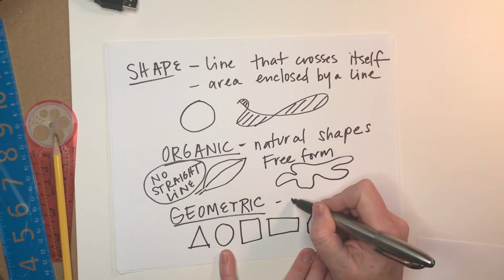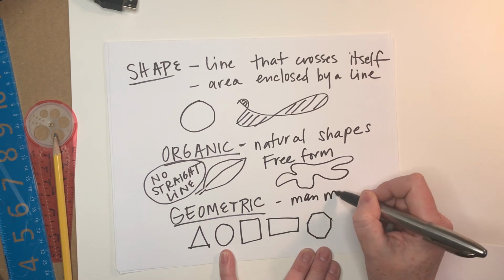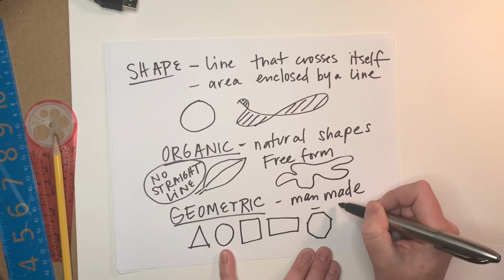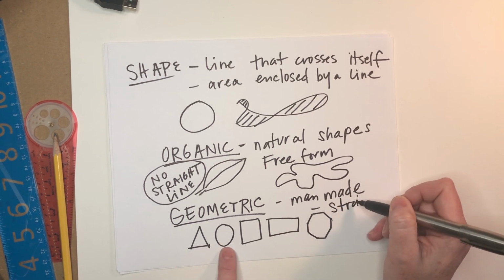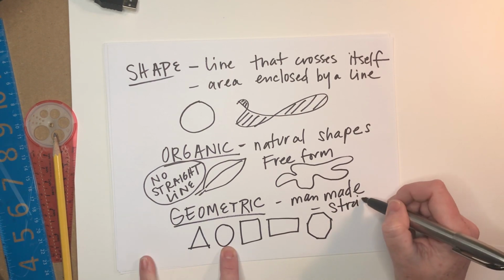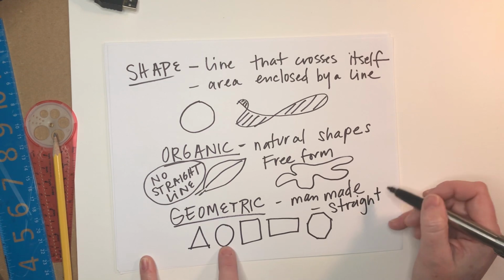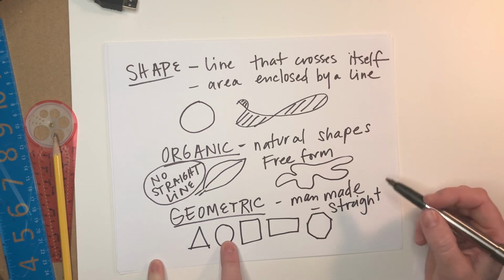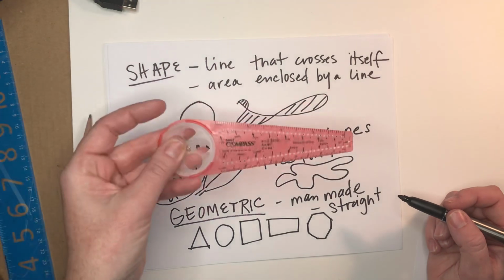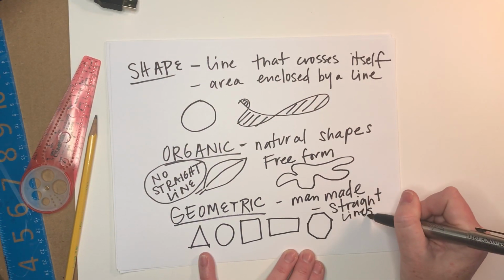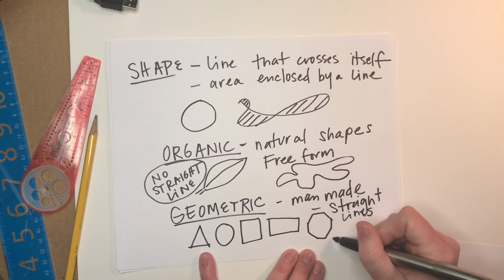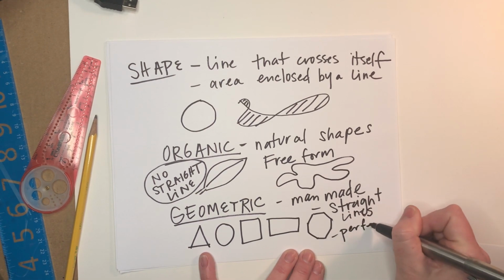Geometric shapes are typically man-made. They have straight lines, except for the circle, of course. Though a circle is found in nature, it's not perfect. A geometric circle would be absolutely perfect, like you used a compass to draw it. Straight lines, man-made, a little bit more on the perfect side.